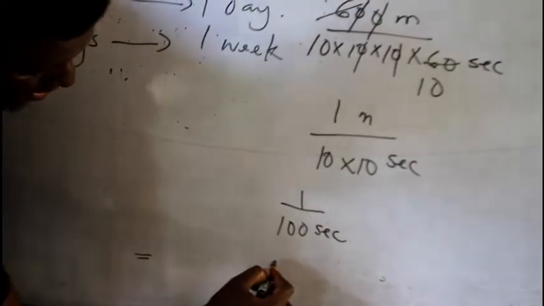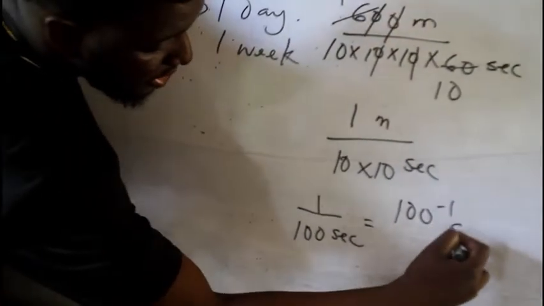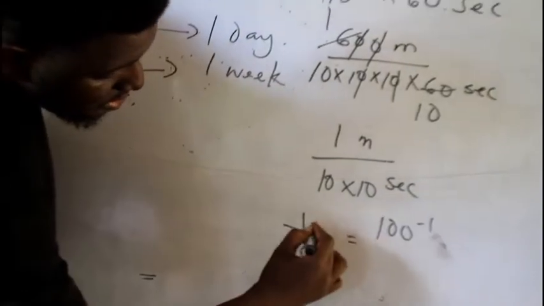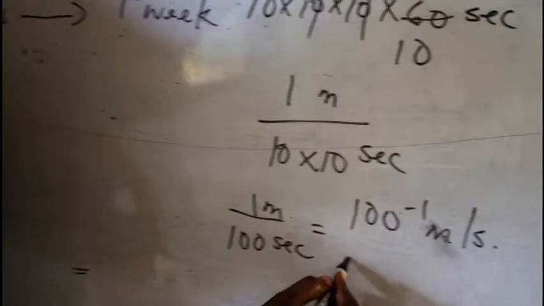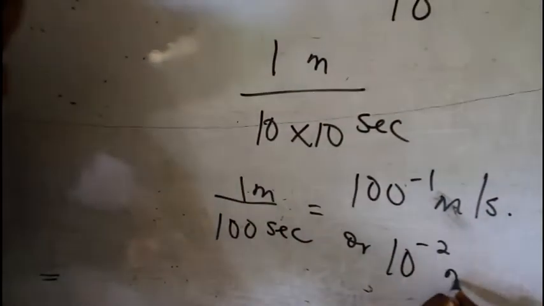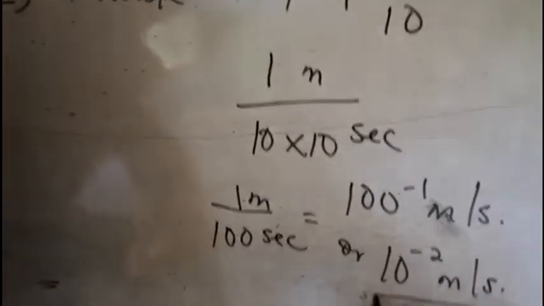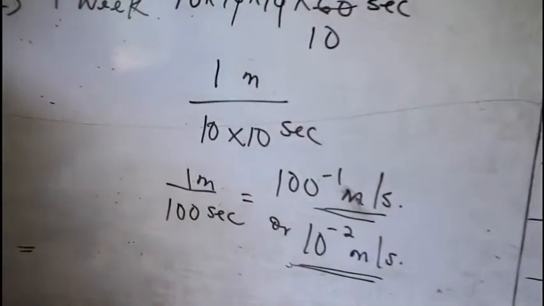Or you can say 100 raised to the power minus 1 meters per second. Or 10 raised to the power minus 2 meters per second. Yeah, very much the same.